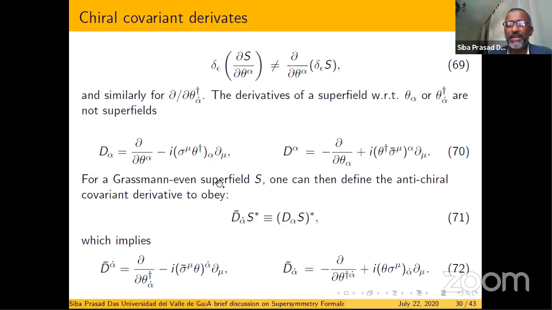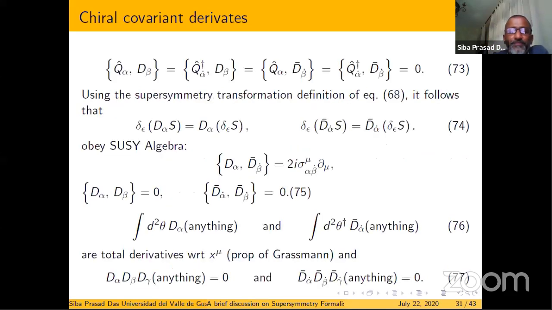You will see that equation 71, the chiral covariant derivative, is gauge invariant in the superspace. So the D alpha is necessary to make the superfield gauge and supersymmetry invariant in the superspace.